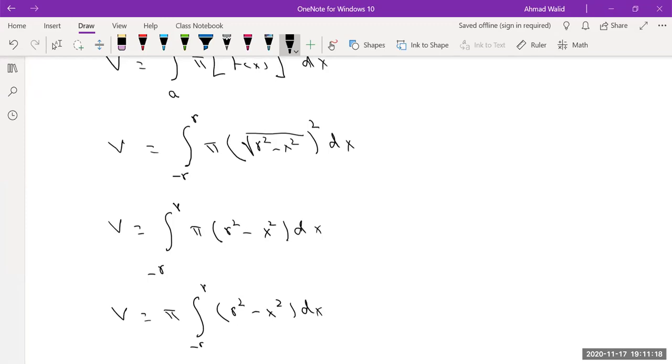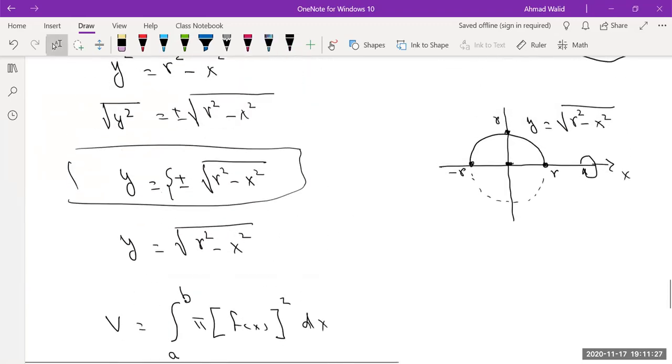From here on, you have two ways to solve this integral. If you focus a little bit on the shape, what do you see? The right side is symmetric with the left side.